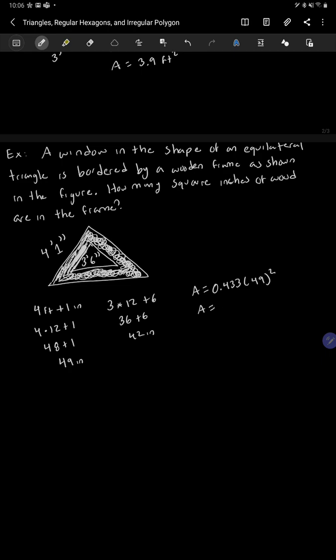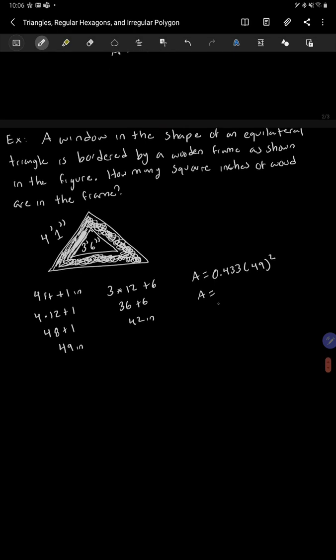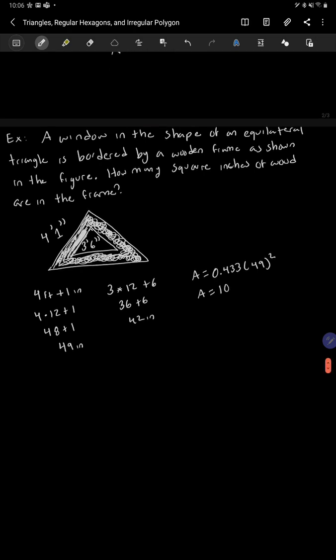So area of the outside gives us 1039.633 inches squared.